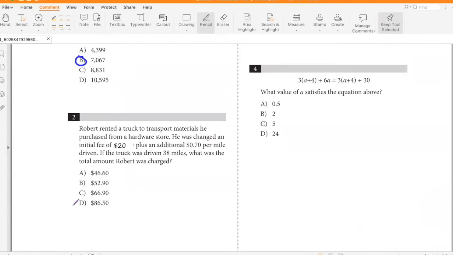Robert rented a truck to transport materials he purchased from a hardware store. He was charged an initial fee of $20 plus an additional $0.7 per mile driven. If the truck was driven 38 miles, what was the total amount Robert was charged? So for 1 mile, he was charged $0.7.